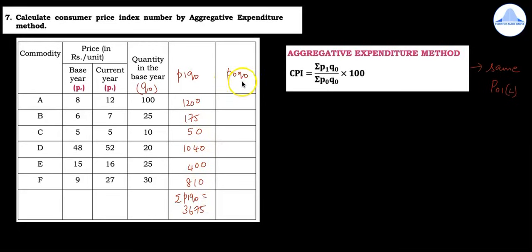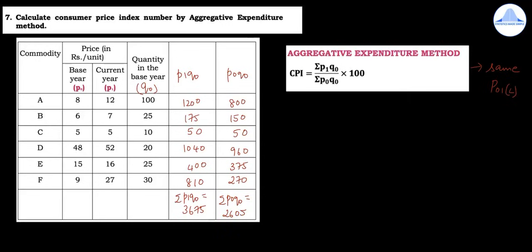Similarly, calculate P0 Q0. So 8 into 100 is 800. Then 6 into 25 is 150. Then you have 50, 960, 375, 210. So summation P0 Q0 is equal to 2605.